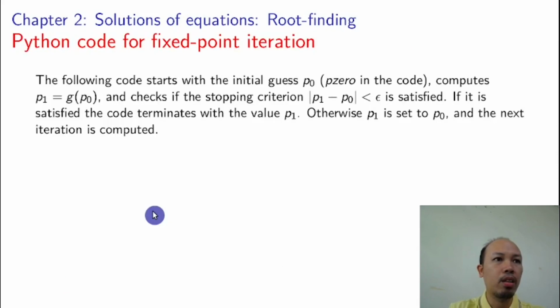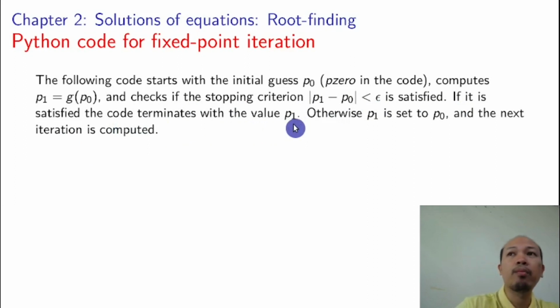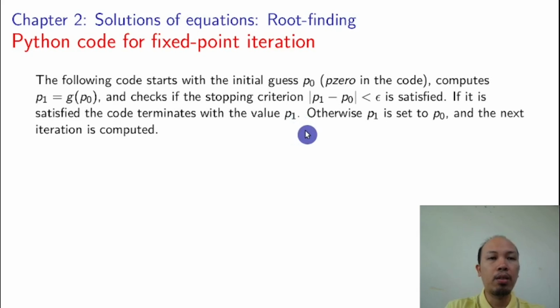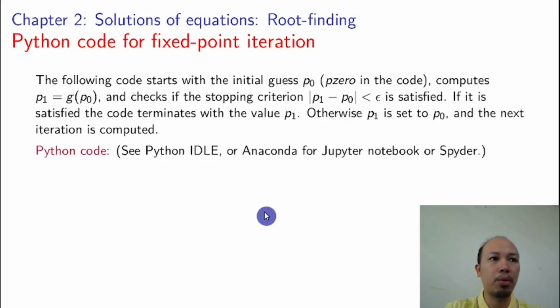Then it checks if the stopping criterion is satisfied. If it is satisfied, the code terminates with the value p sub 1. This is just the same as in the bisection, Newton's method, or secant method. Otherwise, if it is not satisfied, p sub 1 is set to p sub 0, and the next iteration is completed.